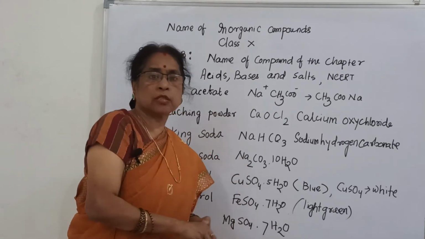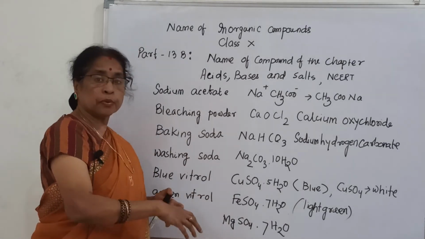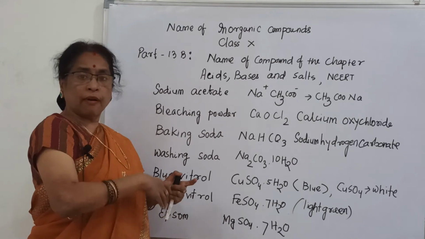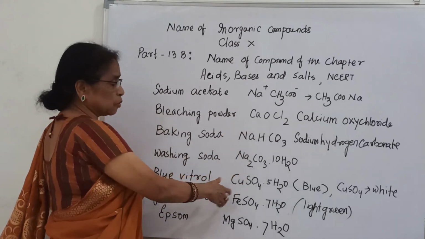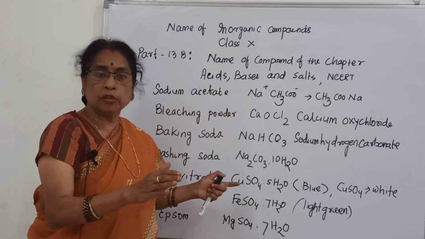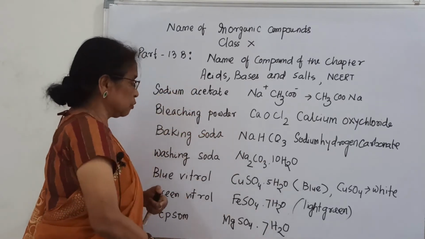If 7 molecules of water, that is called Gypsum. Green vitriol FeSO4, if 7 molecules of water, light green. Blue vitriol, if 5 molecules of water with CuSO4, blue color. On heating, 5 molecules of water evaporate, and the color is white.